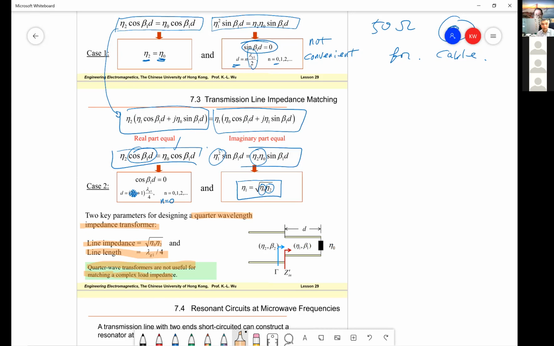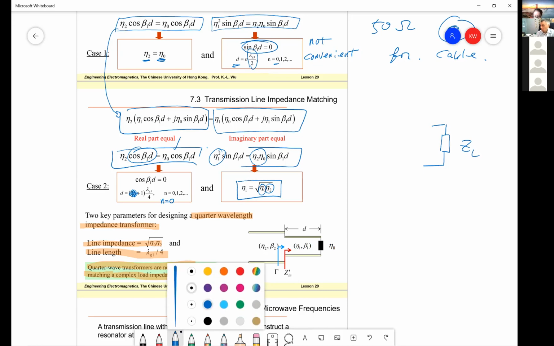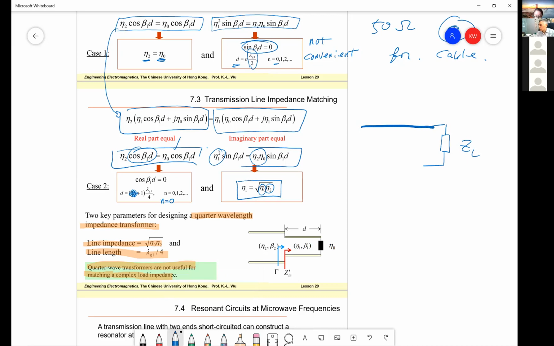However, say you have a load, and this is a transmission line.